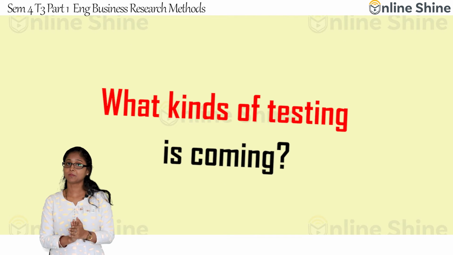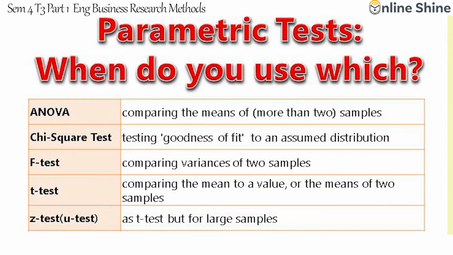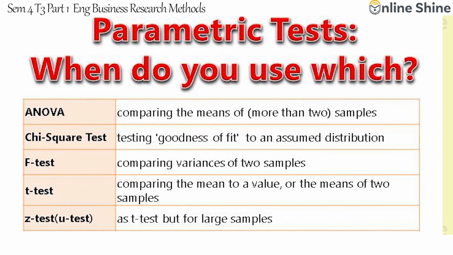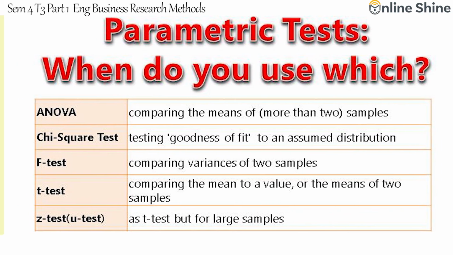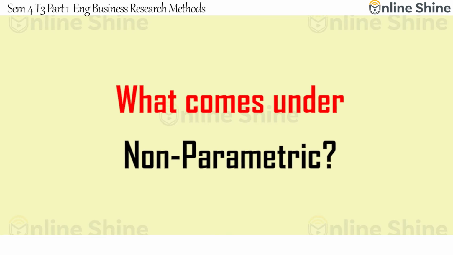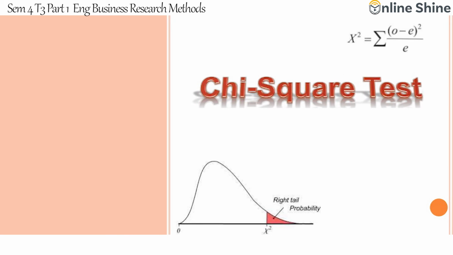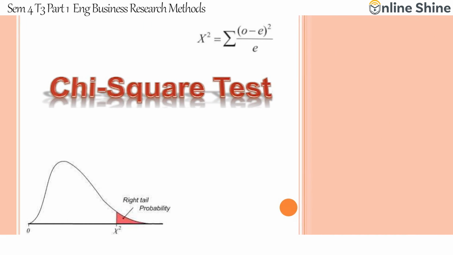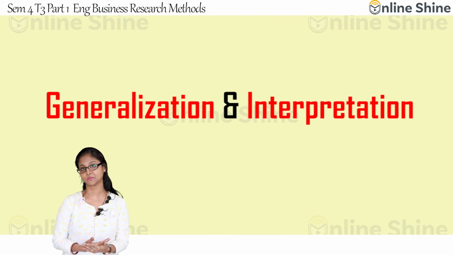Now, under parametric, what kind of testing comes? Under parametric, the t-test, z-test and f-test, which is also called ANOVA, come. Now, what comes under non-parametric? Non-parametric, basically the chi-square test, comes under non-parametric. After analysis of data, the next stage is generalization and interpretation.